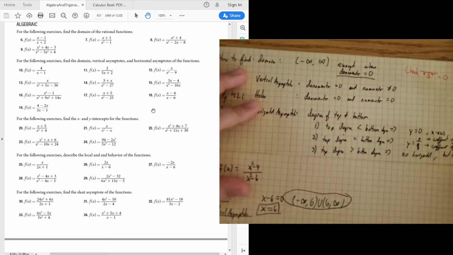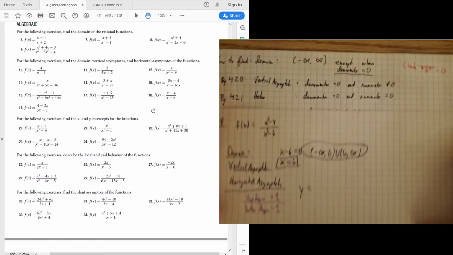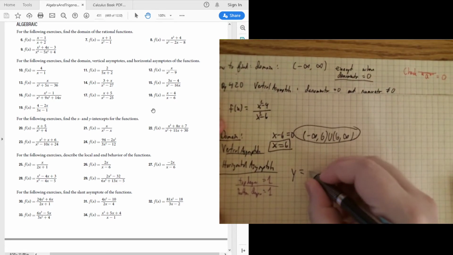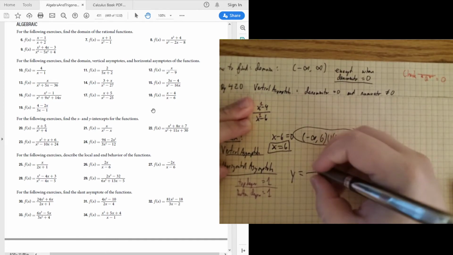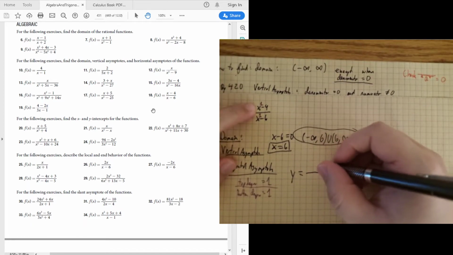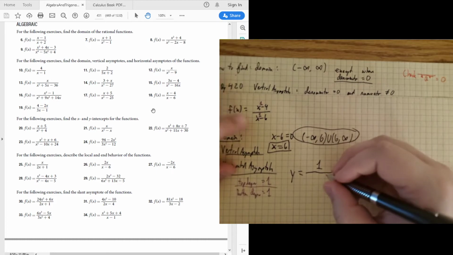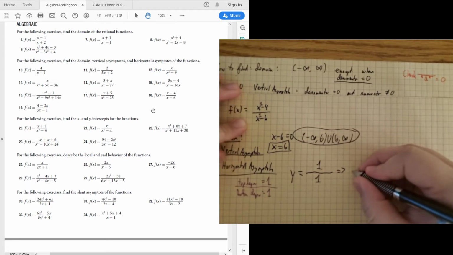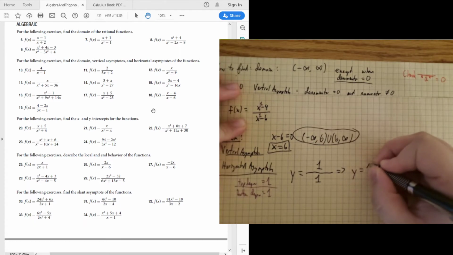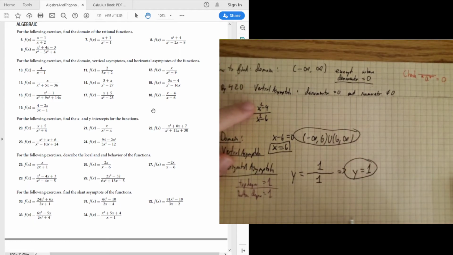It's the number in front. So, on this one, my horizontal asymptote would take place at my coefficient. I have a single x, which means there's a 1 on top. I have a single x on bottom, which means I have a 1 on bottom. So my horizontal asymptote would be at y equals 1. That comes from the coefficient of the x divided by the coefficient of the other x.